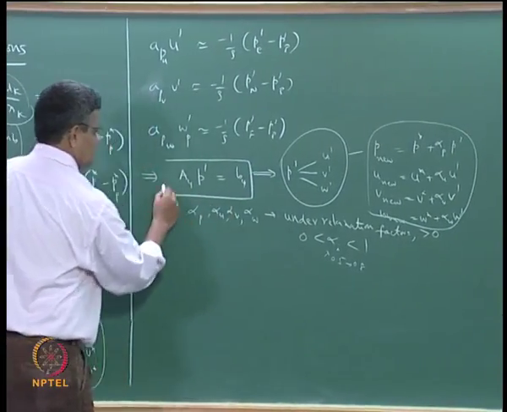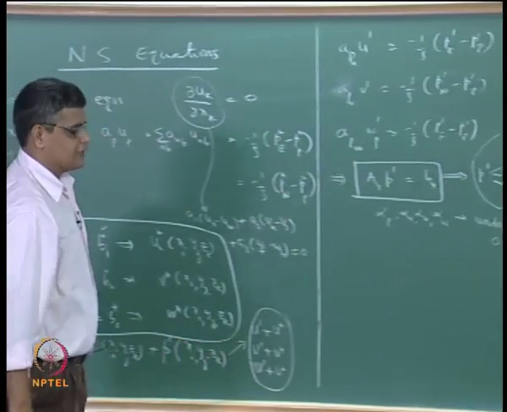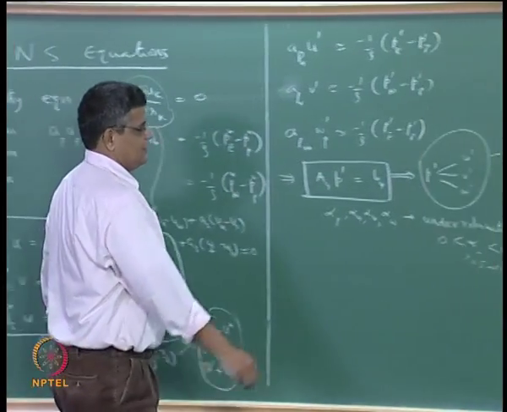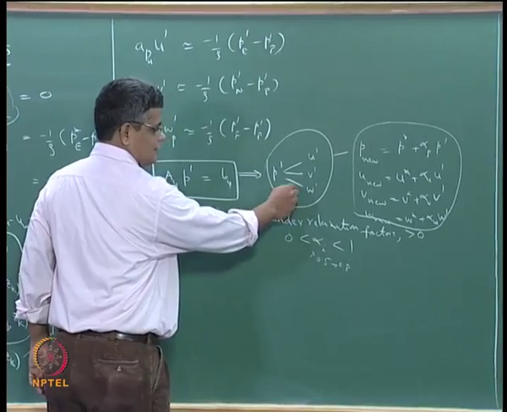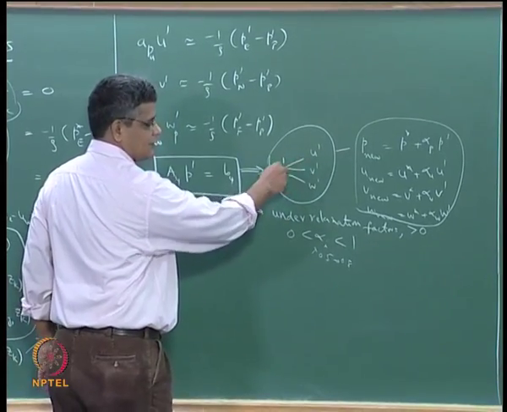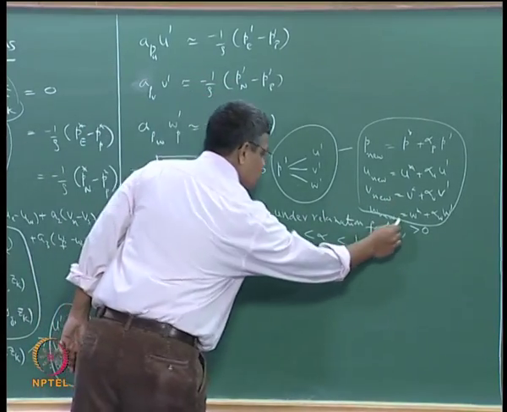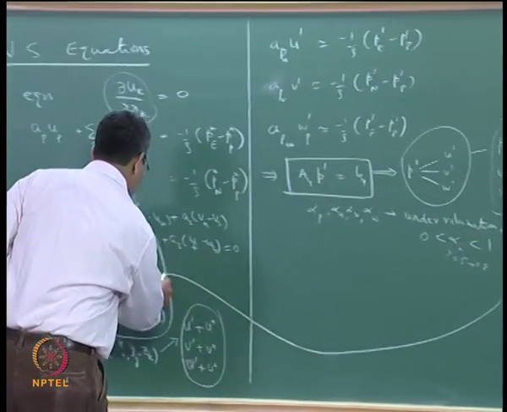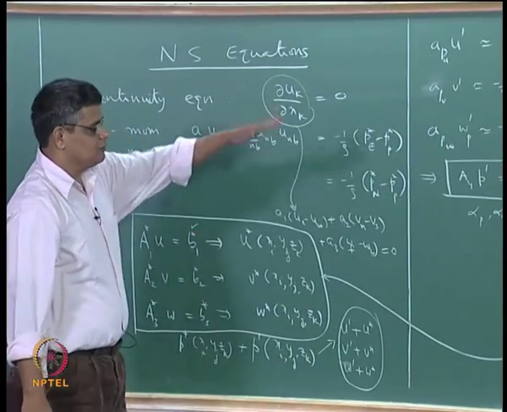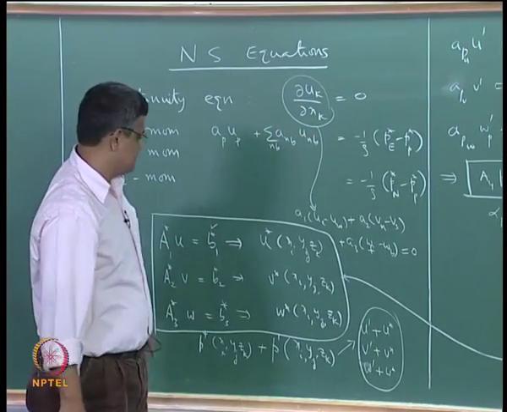of the pressure correction equation and then get the corrections for the 4 components here, and then we come to this, and then we go back to this with the new values of pressure and velocities.